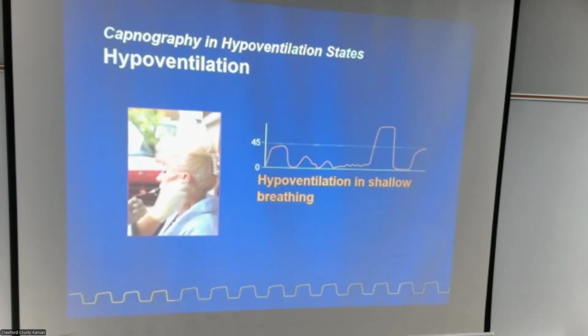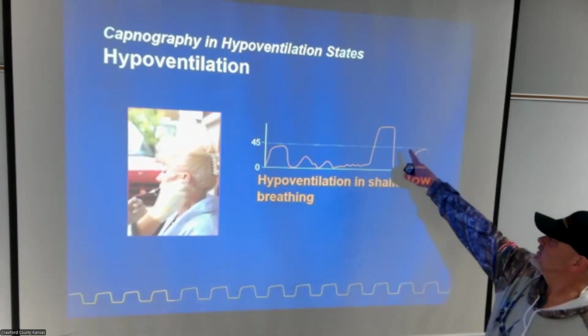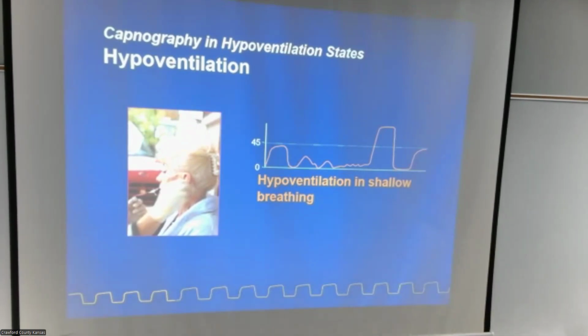Hypoventilation and shallow breathing, you're going to have this right here. This is a nice, just nice, slow breath. Yeah, not good. You see this on your monitor, that's not good. What needs to happen, Jason? We need to provide breathing support with a bag-valve device.